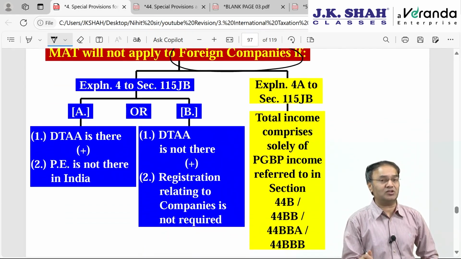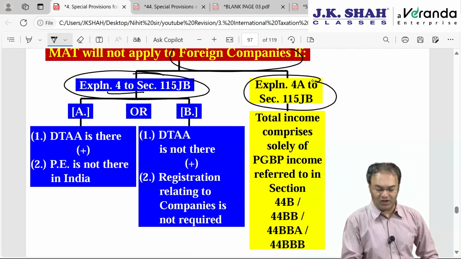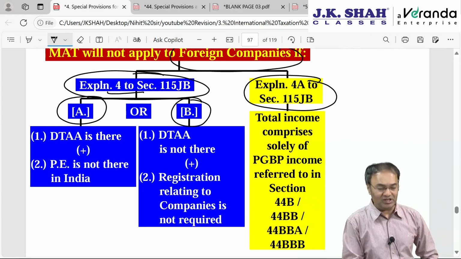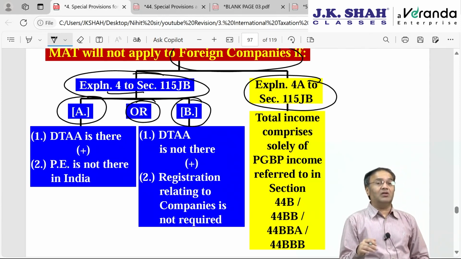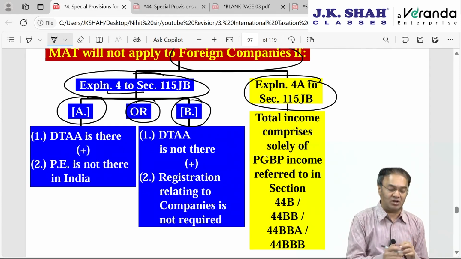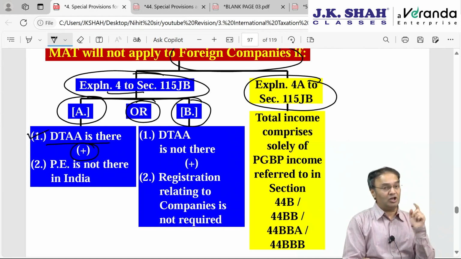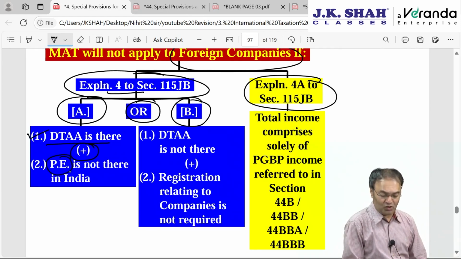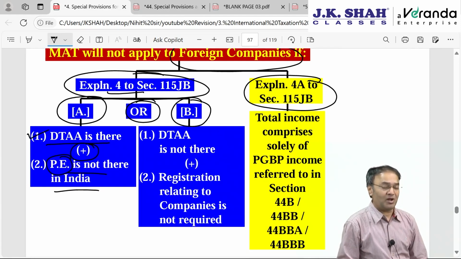Three sets of conditions are given in explanation 4 to section 115JB or explanation 4A. Explanation 4 has 2 sets of conditions, set A and set B, either of them. First set: the foreign company on whom we are trying to apply MAT is a resident of a country with which India has a DTAA, and that foreign company should not have a branch or a PE, permanent establishment, in India.